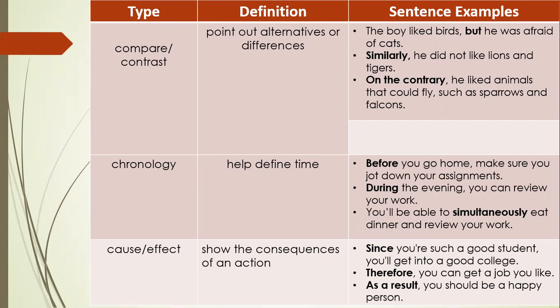Again, here during is used as a transition device of chronology. Then cause and effect shows the consequences of an action, like since, therefore, as a result. These are the words used here as examples of cause and effect transitional devices.